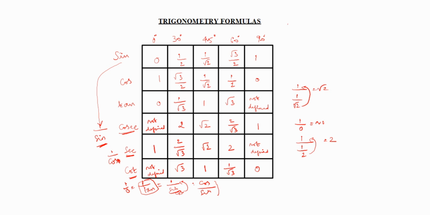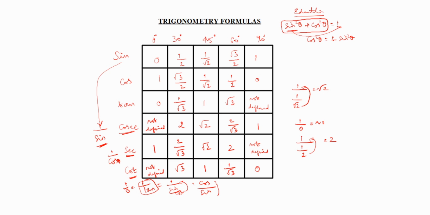Next, identity formulas. What are the identity formulas? Sin square theta plus cos square theta is equal to 1. These are identities. Sin and cos: you keep cos square theta here, and the other one goes to this side. So cos square theta equals 1 minus sin square theta.